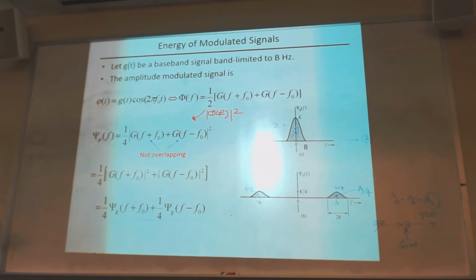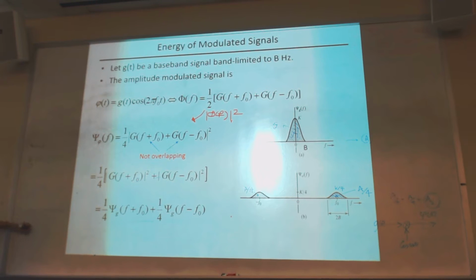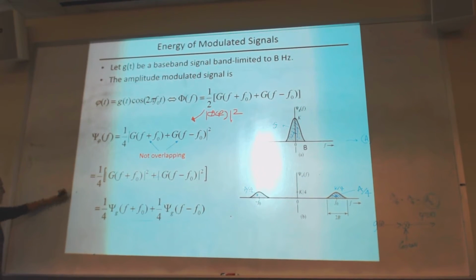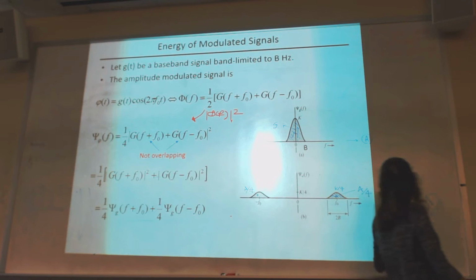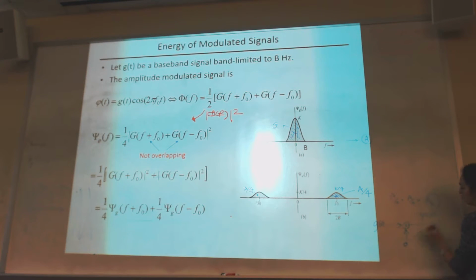So you have a low frequency signal like that, and then you multiply it by cosine. So you get this kind of thing. The bandwidth increases. Like, if I have a signal with a lot of energy and I multiply it by 0, what do you get? 0. Where does the energy go? It's the same thing. It's like when you multiply 2 by 0, you get 0.